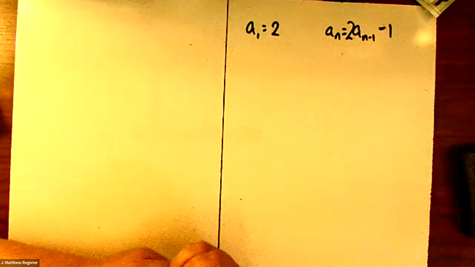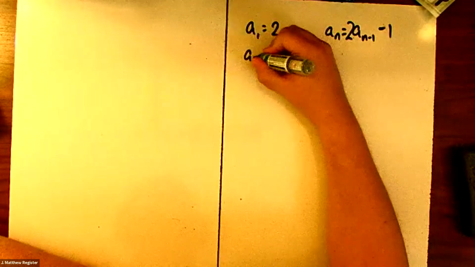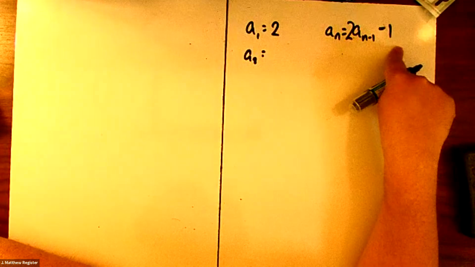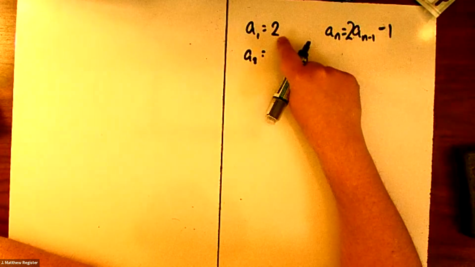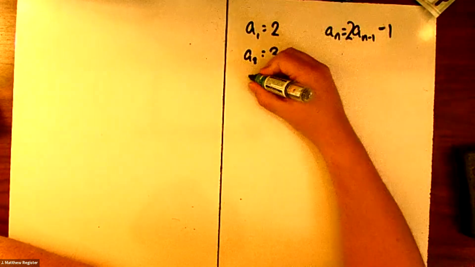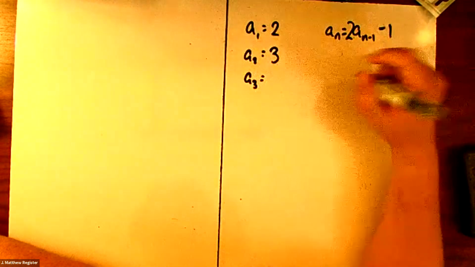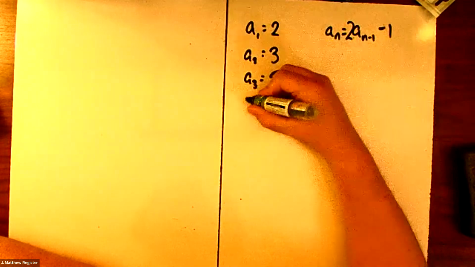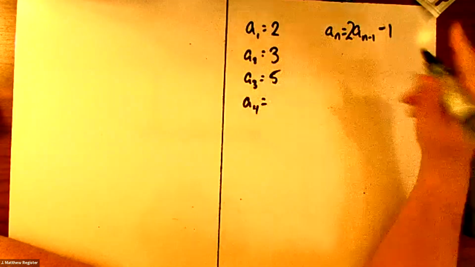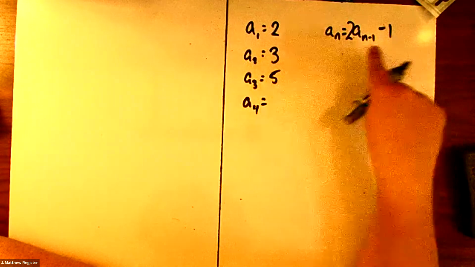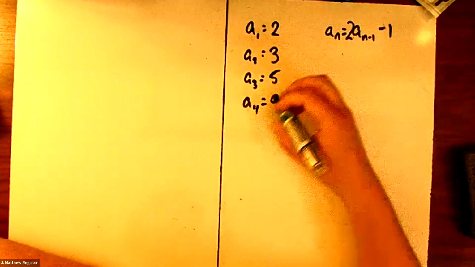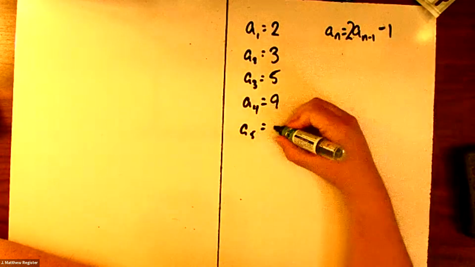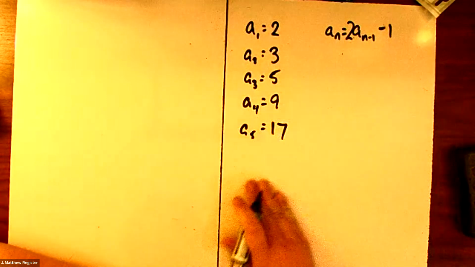And so a sub 2 is going to be equal to 2 times the prior element minus 1. And so 2 times 2 is 4, minus 1 is 3. 2 times 3 is 6, minus 1 is 5. 2 times 5 is 10, minus 1 is 9. 2 times 9 is 18, minus 1 is 17.